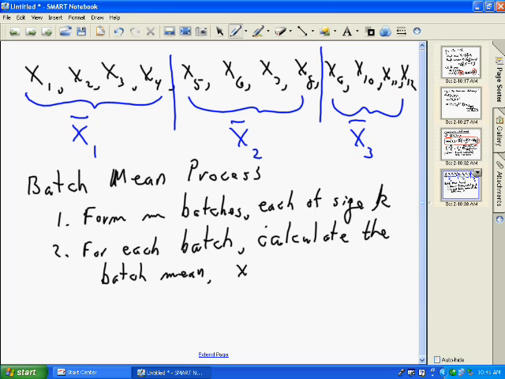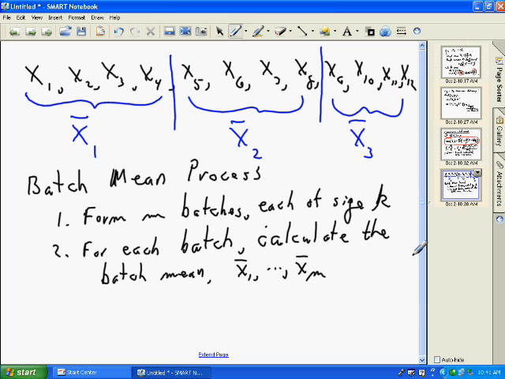So then we have X bar 1 through X bar M. Each of those batch means is a batch mean formed with K data points. Do you see that?